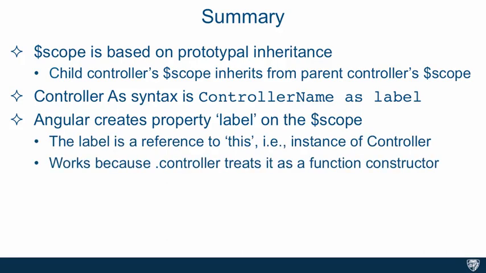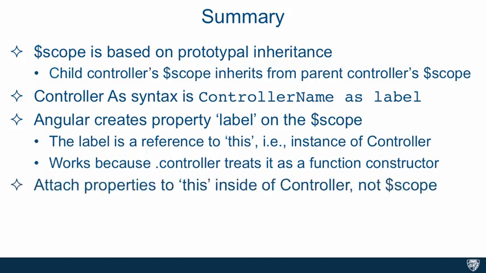Now the reason that works is because when we call .controller to declare our controller in AngularJS, the .controller treats our controller function as a function constructor. So when you start declaring properties that you want to share between your view model, the controller, and the HTML template, you attach them directly to the controller instance. In other words, you attach them to the this keyword, not the $scope.